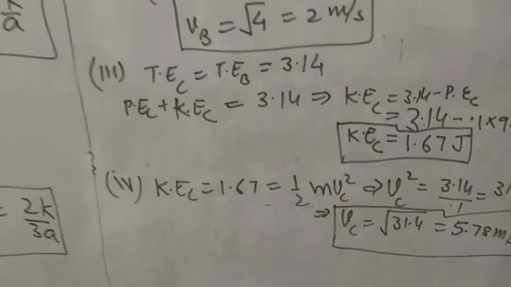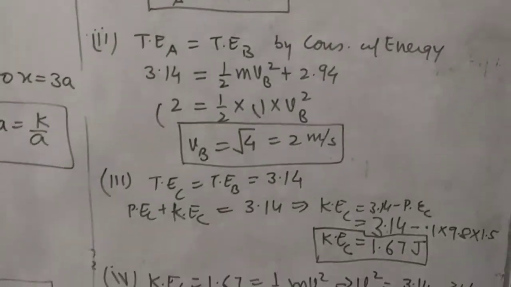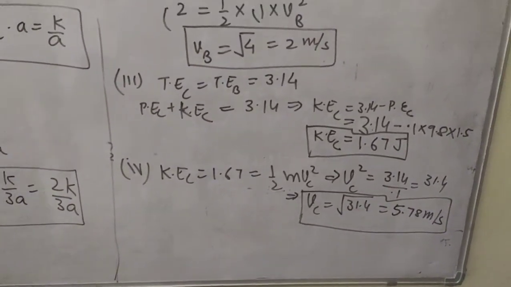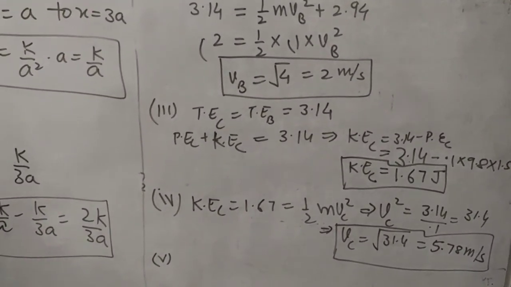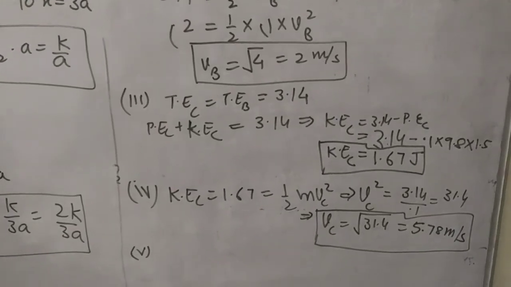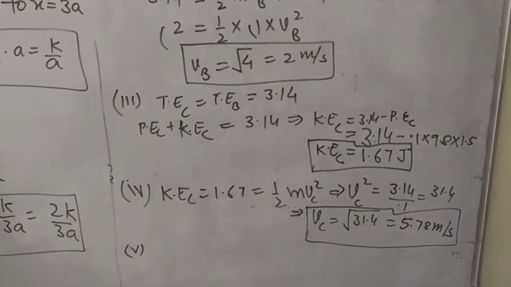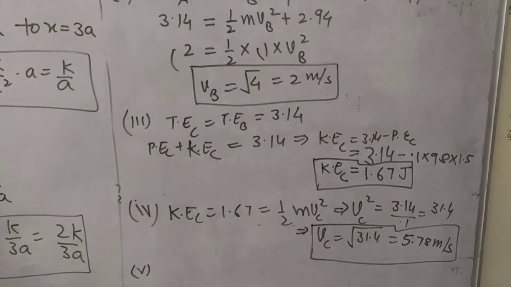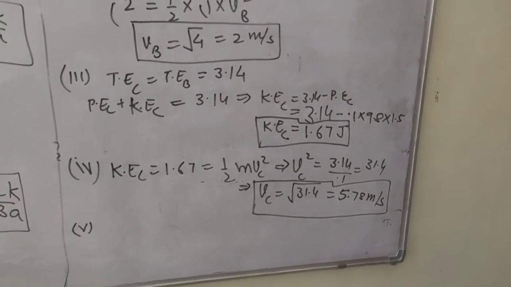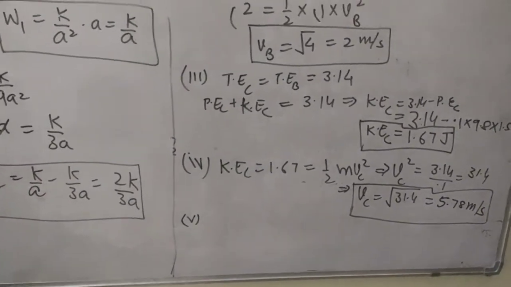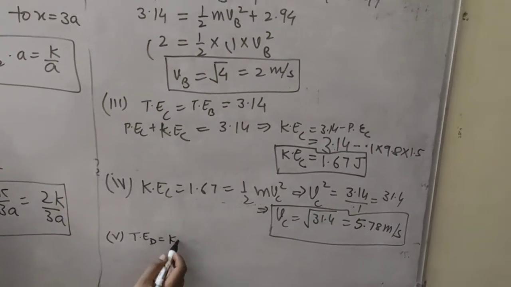So that means you have to find the velocity at D. At D you can see, total energy is equal to kinetic energy.